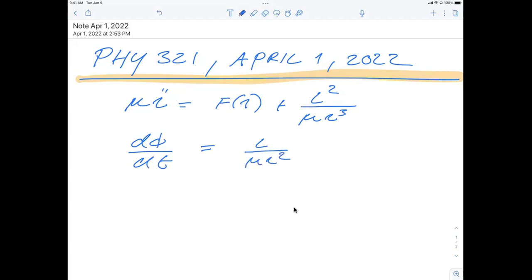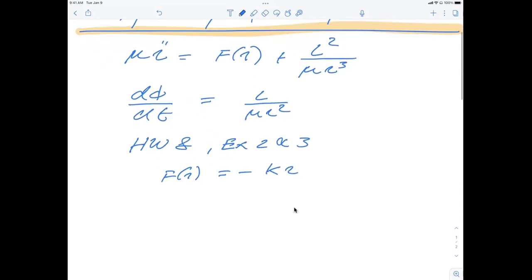And then the thing which we have in the homework now, homework 8 and exercises 2 and 3, is a force R, which goes like minus K times R. But during the lecture on Wednesday, which was on March the 30th, we had the gravitational force.